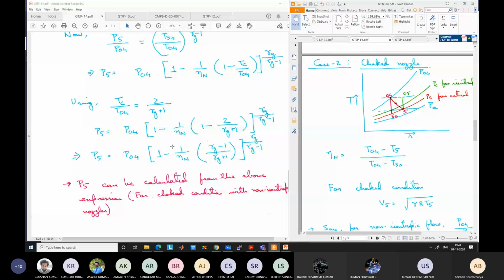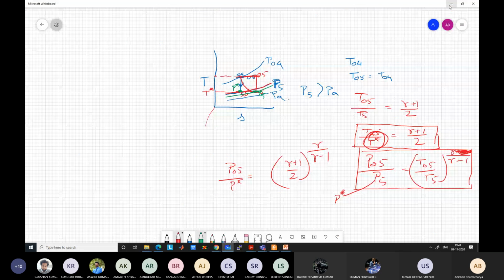So this is the same as this expression. I have written it the opposite way, P5 by P04, so here it is P05 by P star. So it is 2 by gamma g plus 1 to the power gamma g by gamma g minus 1. Same expression. This expression will become equal to this expression if you replace eta n equal to 1. This is one way to verify that we have correctly obtained the equation.